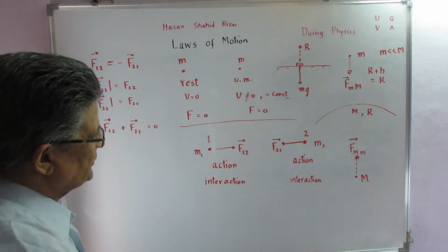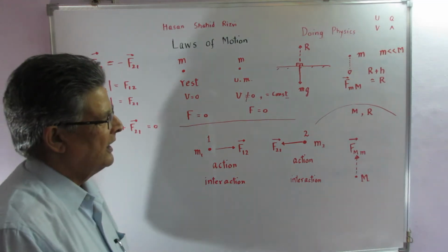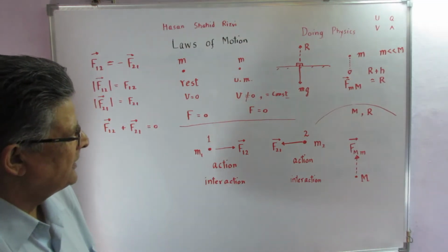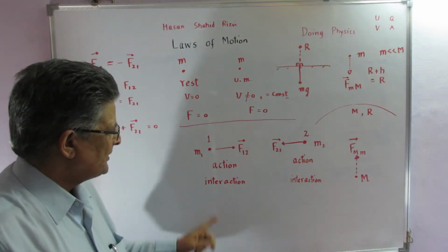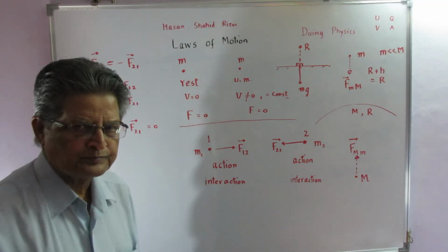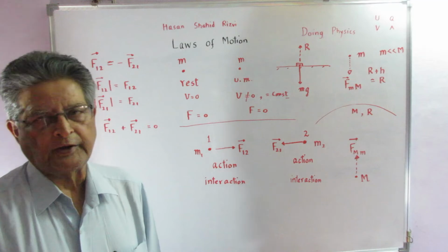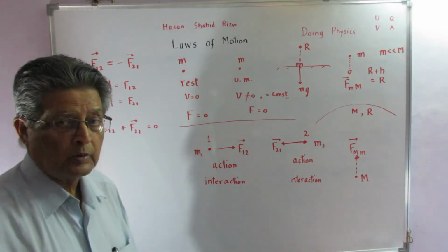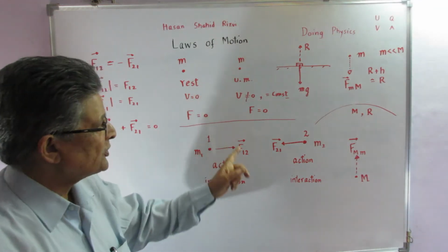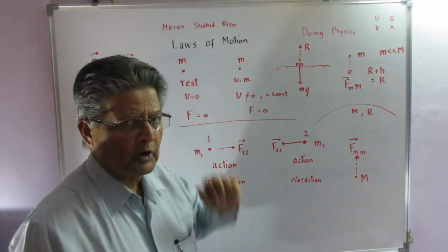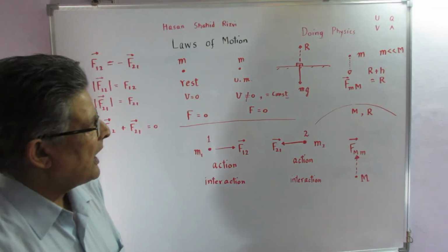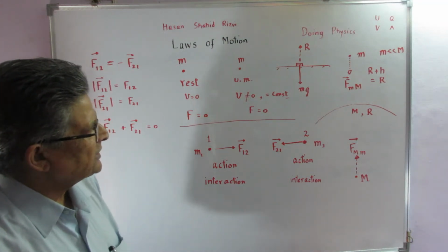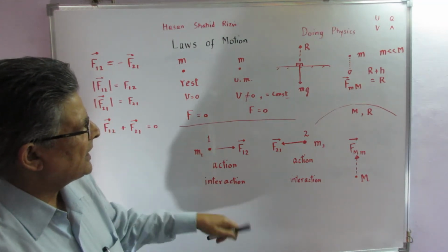What Newton says is that the state of a body is described by the forces acting on the body, and not by the forces that the body exerts on other bodies.